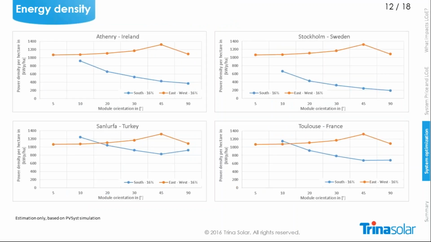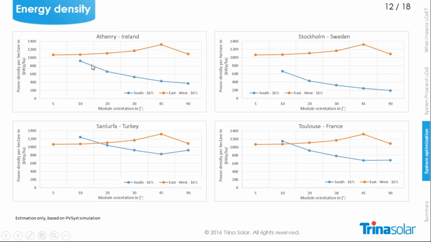If you now take a look on the energy density, the energy density is shown here for the different locations. You can see that the global behavior is quite equal for the different locations. But you can also see that, for example, here in Turkey, depending on what kind of module orientation you select, it can also make sense to go with a different orientation to have the same energy density.